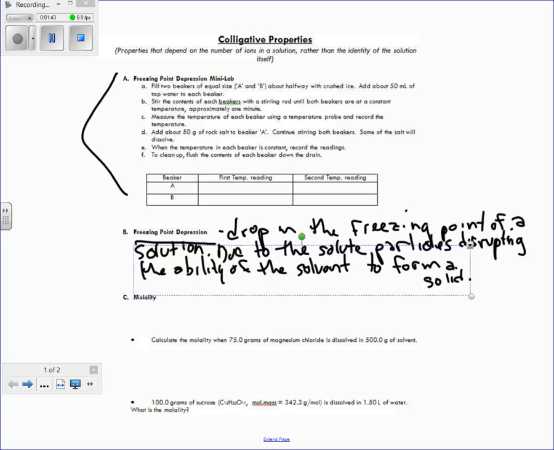So a drop in the freezing point of a solution, so lower than normal freezing temperatures. It's due to the solute particles disrupting the ability of the solvent to form a solid.